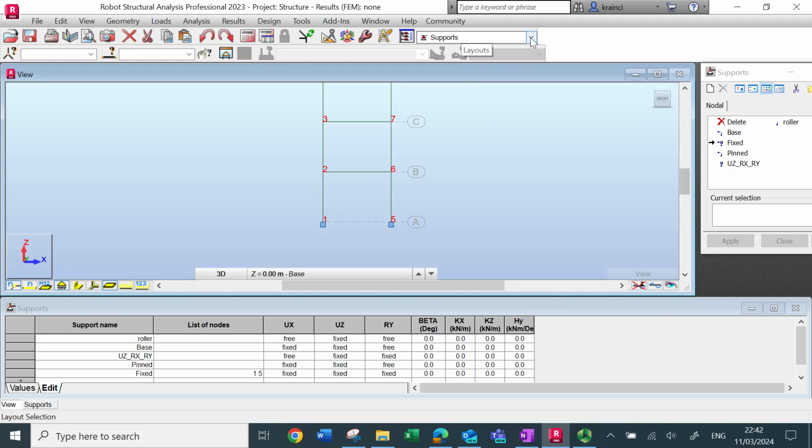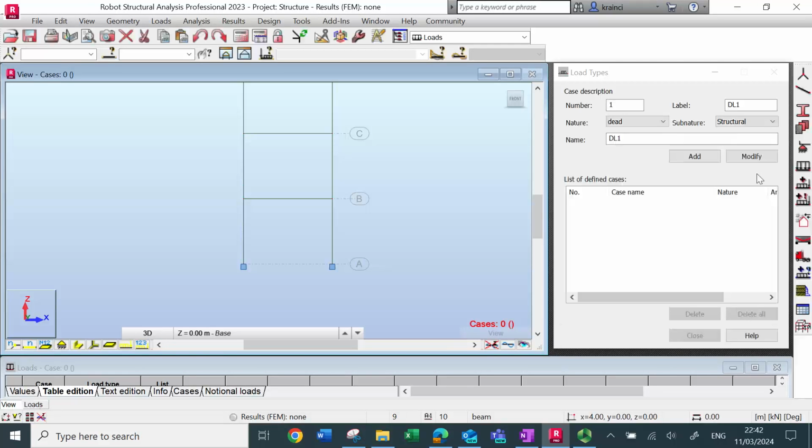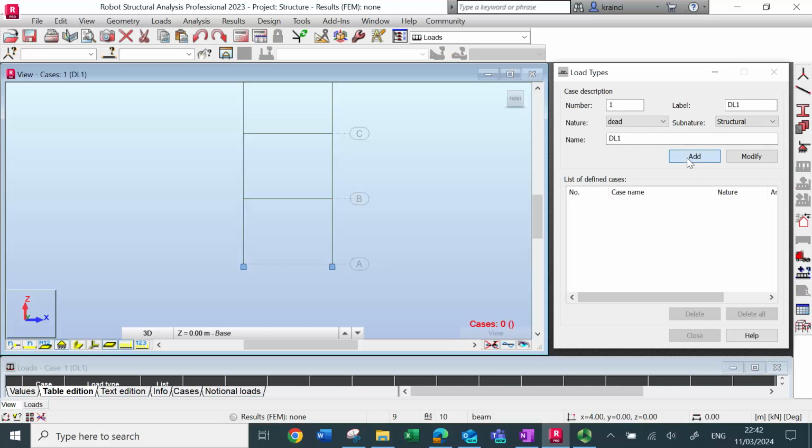I can also go into loads and create a dead load. This is the load which contains all the self-weight.